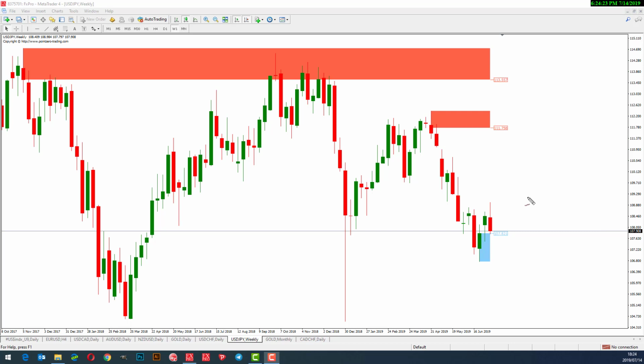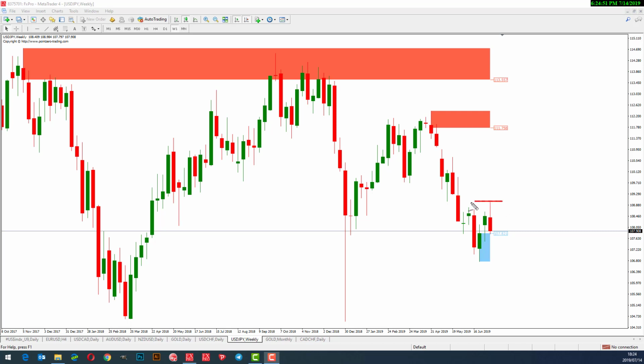But from a weekly perspective, USDJPY is bearish, the Japanese yen is bullish, which is to be expected, right? We have had instances where price rallies, but massive impulsive moves are to the downside.